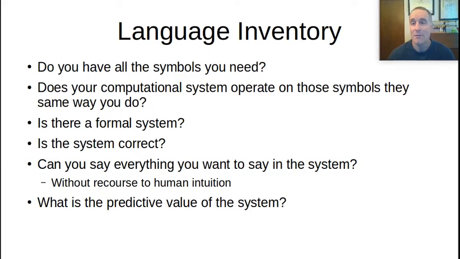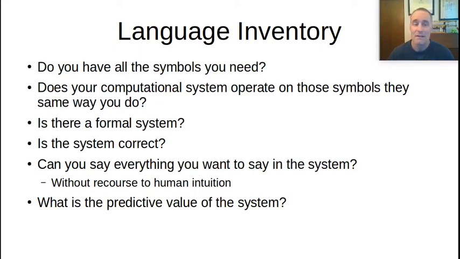Do you even have a formal system, or do you have just something that's very informal and really relies on the human being to imbue those symbols with some intuitions? If you do, then maybe your computer doesn't have the same understanding. It certainly doesn't have the same understanding as you do if you've never made that explicit to your computational system. As a result, it's going to lack some predictive value. It's going to get answers that you as a human would know to be nonsensical.